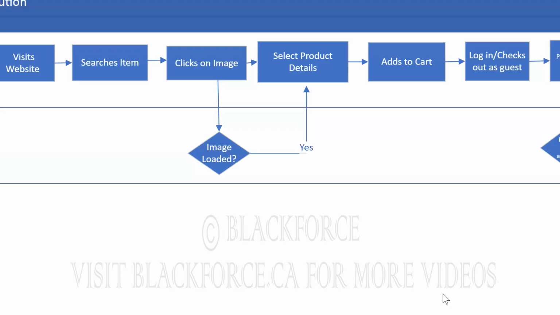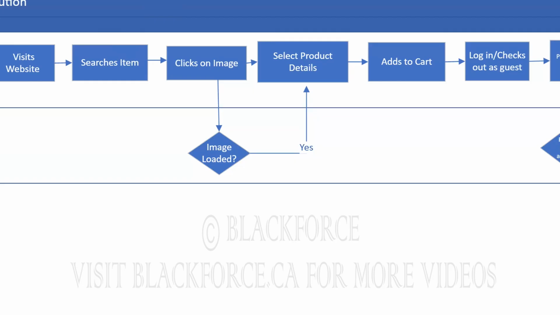So I will be walking us through this process in the future states. What you can see here is the ordering process solution in the future, where our customers are able to start their ordering process. As you can see, the process starts with the customer when they visit the site.